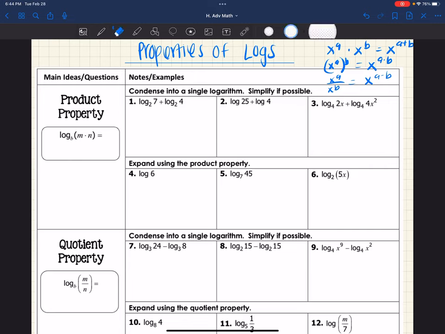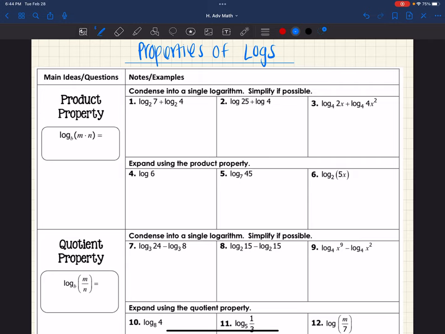So just like there's exponent rules, there are also the properties of logs that help you simplify logs down to single terms or expand them out into separate logarithms, all depending on what you need to solve the logarithm.